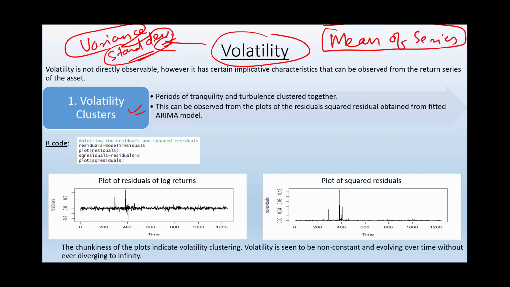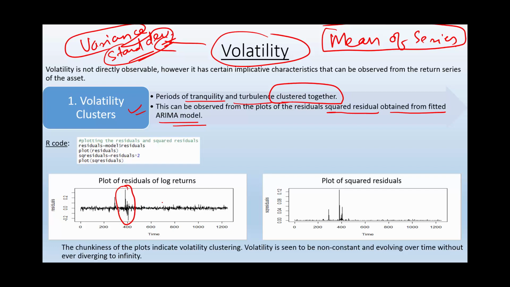So we'll understand what volatility clusters are. This is nothing but periods of tranquility and turbulence clustered together that could happen in the stock market. This can be observed from the plots of the squared residuals obtained from the fitted ARIMA model. You can see the square of the residuals. You can see that there is a sharp rise and then a sharp fall, and this happens with stocks. It goes up suddenly, it goes down again suddenly.